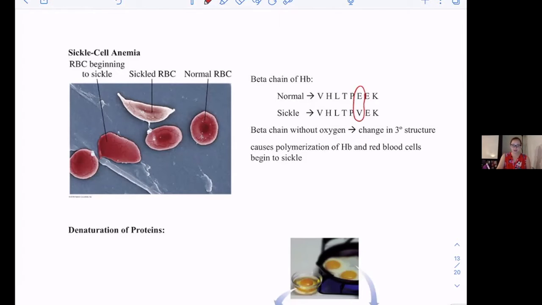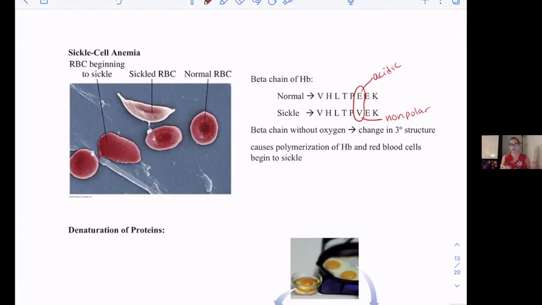We have an acidic amino acid in the normal protein. However, in a modified version of the protein, or technically the diseased protein, you have a nonpolar one. The acidic and the nonpolar have very different tertiary structures.